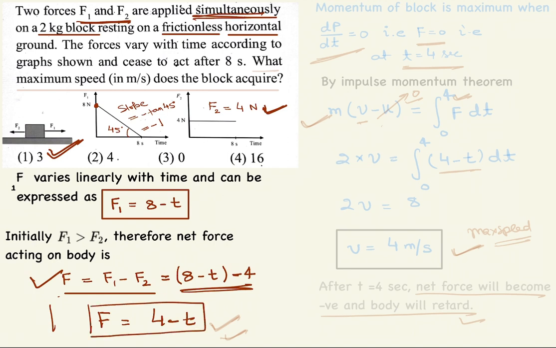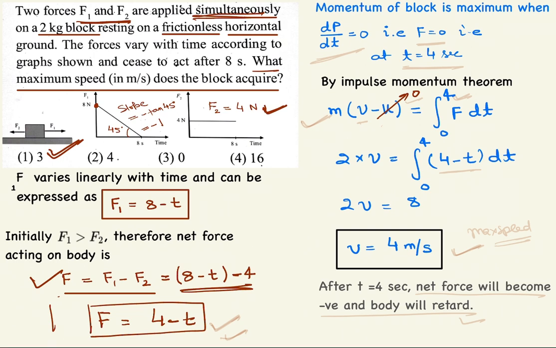Okay. Now question asks what is the maximum speed which block acquires? So when speed will be maximum, the momentum of block will be maximum, and at this maximum momentum, rate of change of momentum will be 0.